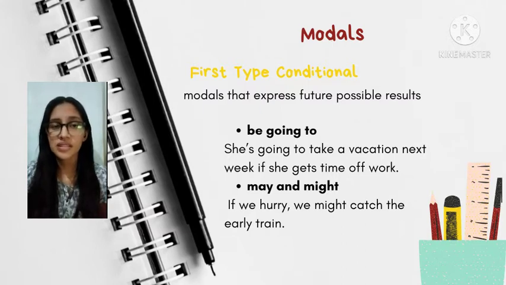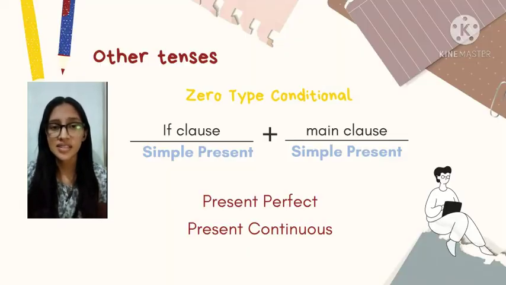Now, something interesting about conditional sentences is that in some cases you can use other tenses. For example, in the zero type conditional, even though it is not too common, you can use other present tenses such as the present perfect tense and the present continuous.